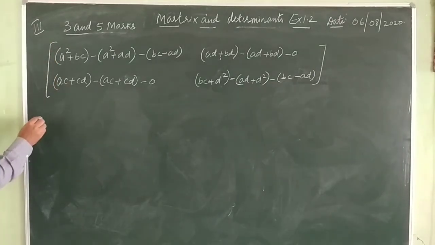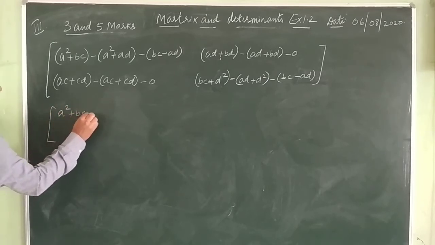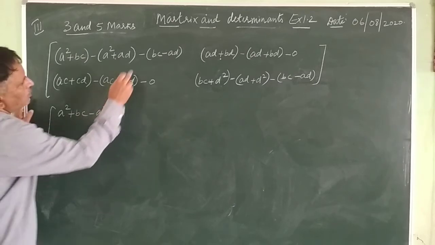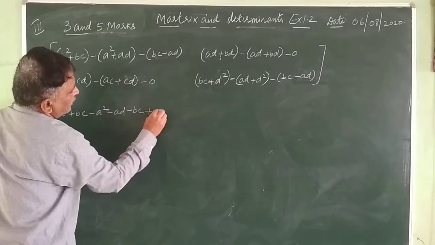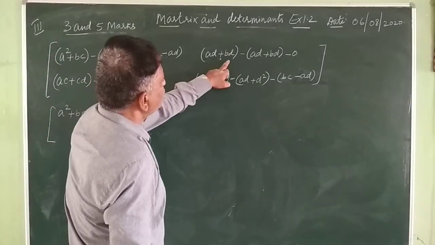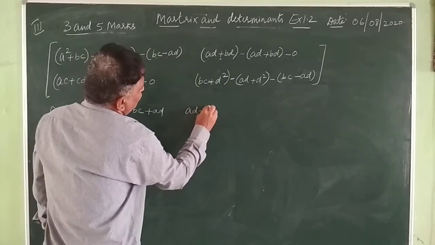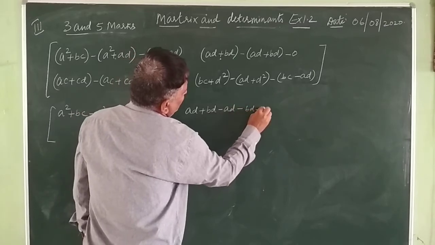Now this is A square plus BC minus A square, minus into plus minus AD, minus BC, minus into minus plus AD. So AB plus BD negative. Otherwise, if you want, you can write AB plus BD minus AB minus BD minus 0.